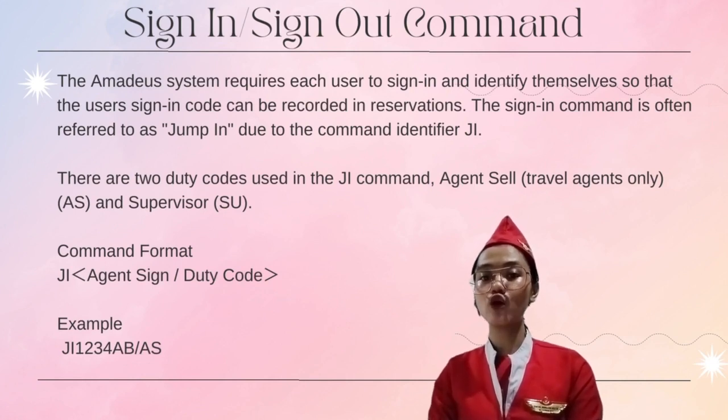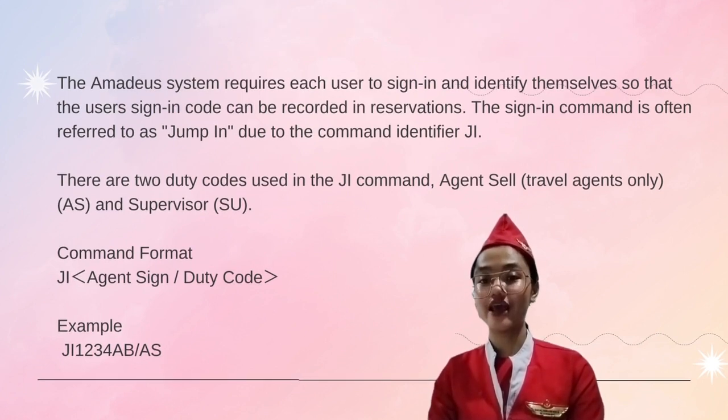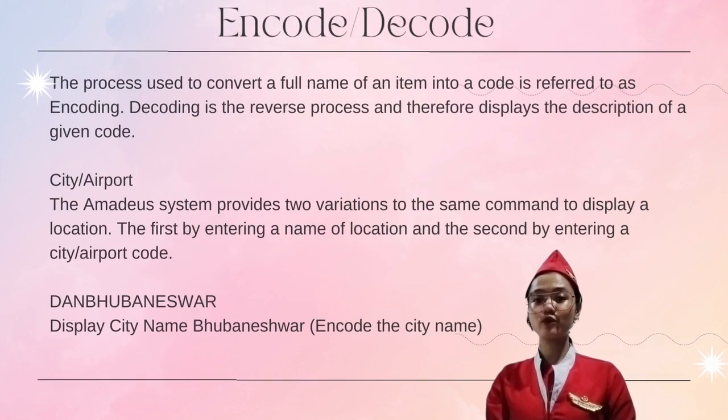There are 2 duty codes in use in the JI command: agent cell for travel agents only, and supervisor. So the format for the command is this. Use the command identifier, which is JI, and input the agent sign/duty code. For example, JI234AB/AS.